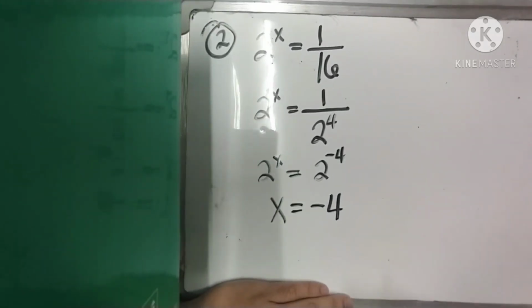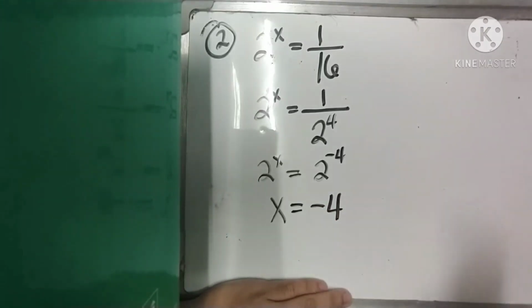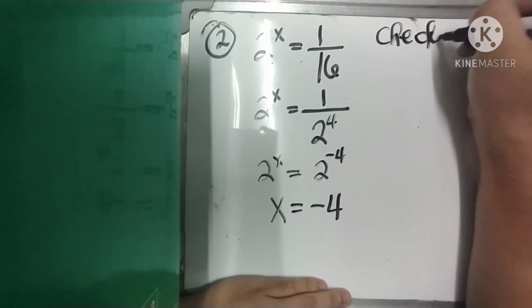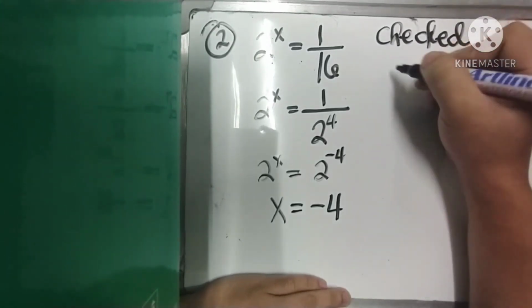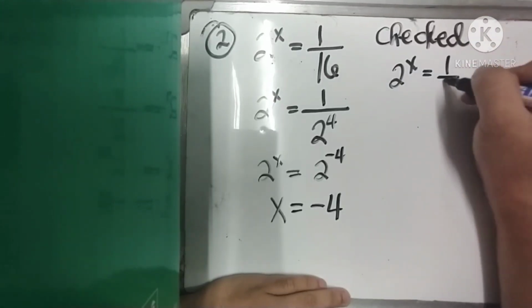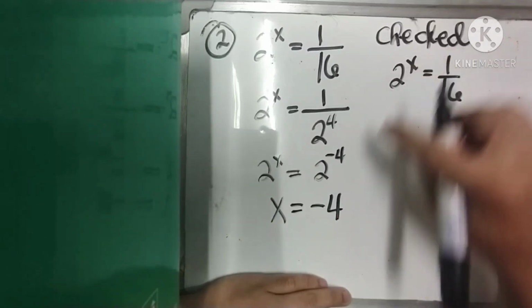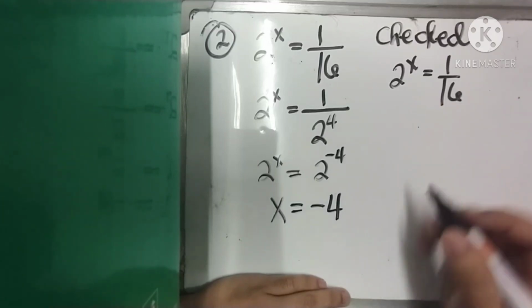So, if you are still doubtful if the value of our x is correct, then we need to check, okay, by applying the substitution process. Okay, so we have 2 to the power of x, which is equal to 1 over 16. Okay, so as we all know that the value of our x is negative 4, we need to substitute negative 4 to the given equation.